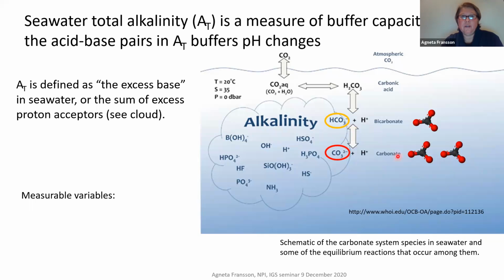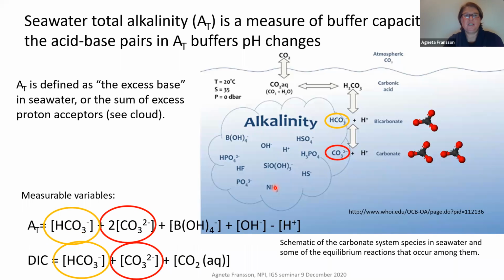If you look at this cloud here, you already know the carbonate ion and the bicarbonate ion. These are negatively charged, so they can take up hydrogen ions. You also have lots of other negatively charged ions in seawater that can react and buffer the system, but the bicarbonate and carbonate are the main and largest buffering species.